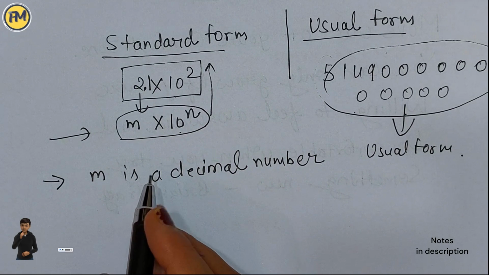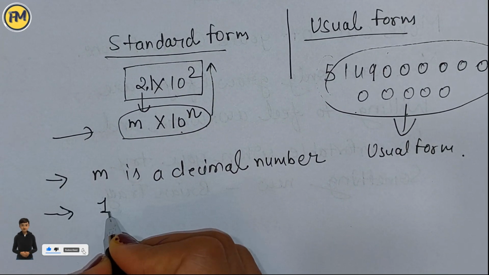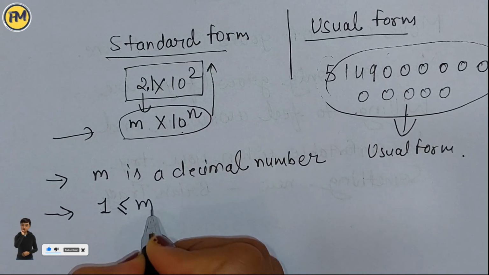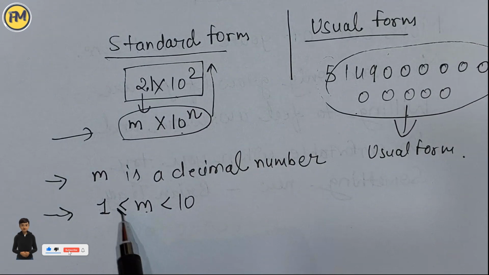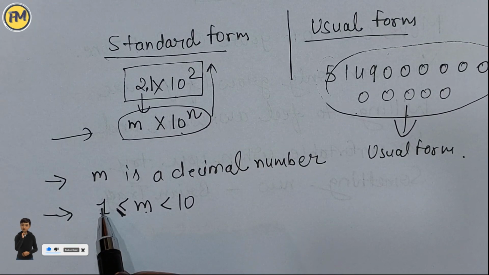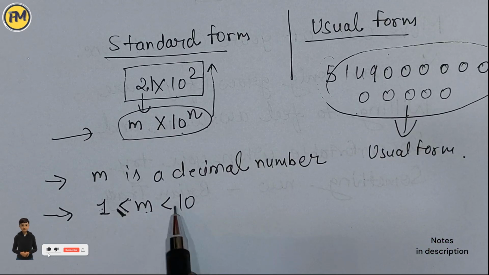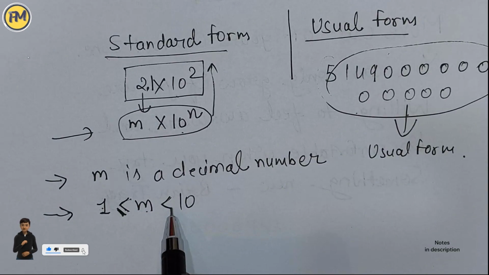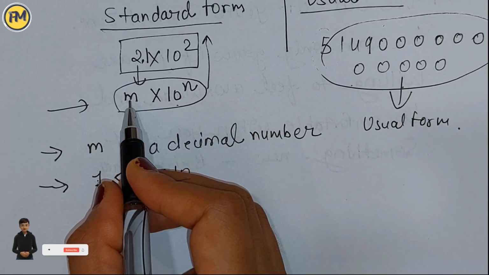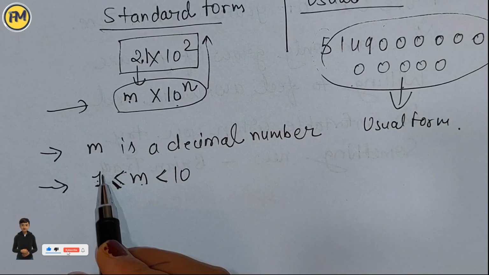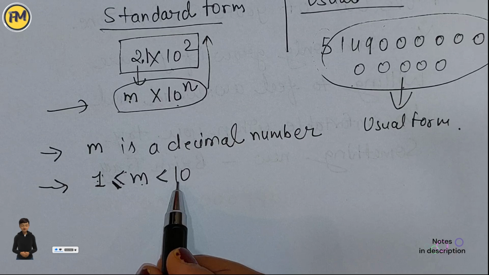Next condition: m can be equal to 1 or greater than 1, and less than 10. This decimal number should be greater than or equal to 1 but less than 10.